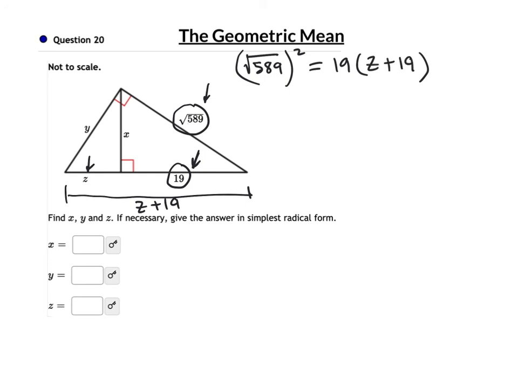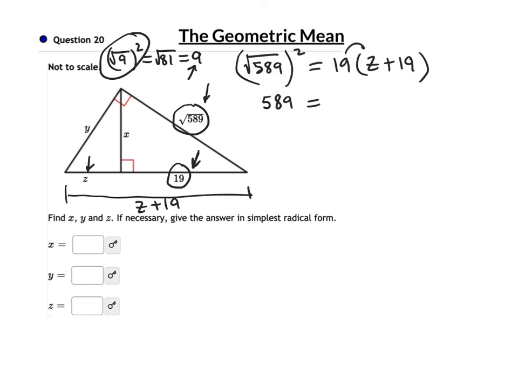A square and a square root cancel themselves out. Remember how the square root of 9 squared, root 9 times root 9 is root 81, but the square root of 81 is 9. When you square a square root, the square root just disappears because they're inverses of each other, meaning that this is 589.